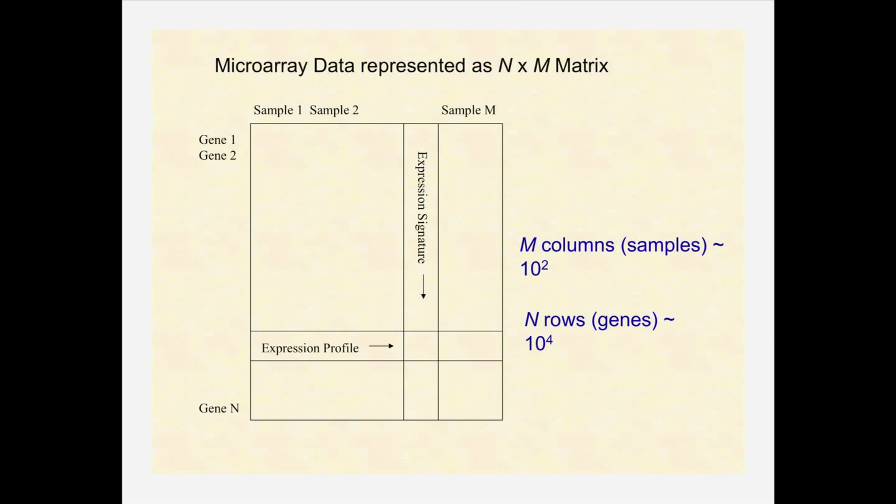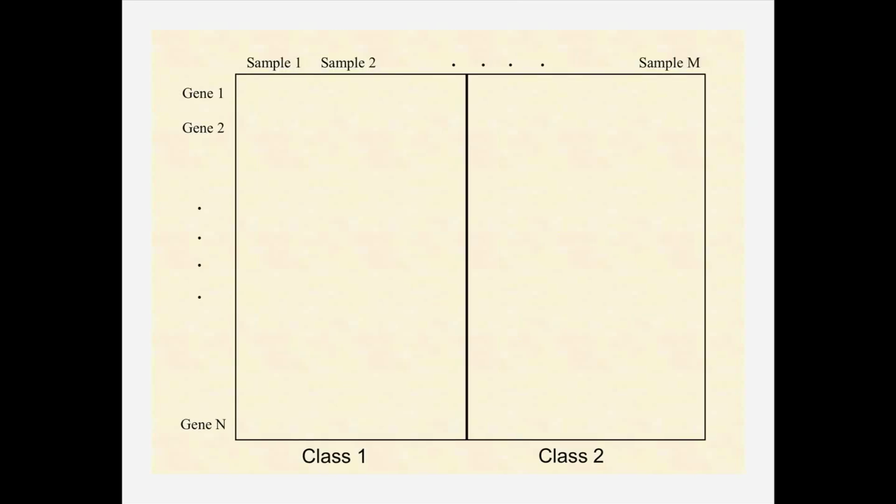Or one could have some time course studies where this perhaps is the same tissue being observed at different points in time. Or one could be trying to cluster the columns and work out why people with similar clinical characteristics, some respond to chemotherapy and others don't. But today, or this morning, I'm looking at this problem where the samples have been dichotomized into two classes, and we want to see which genes seem to be behaving differently in these classes.